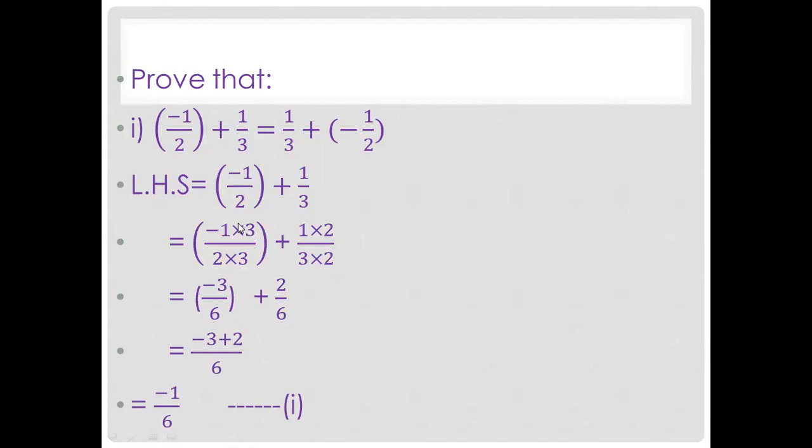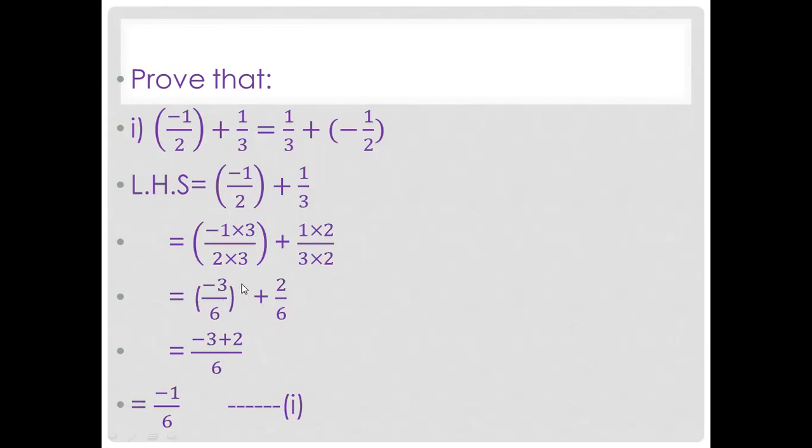Again, minus 1 over 2 and 1 over 3. 2 and 3 are both prime numbers, not multiples of each other. Therefore, minus 1 over 2 we multiply and divide by 3, and 1 over 3 we multiply and divide by 2. So 3 ones are 3 and 3 twos are 6, 2 ones are 2, 3 twos are 6. Now 6 is the common LCM, so minus 3 plus 2.